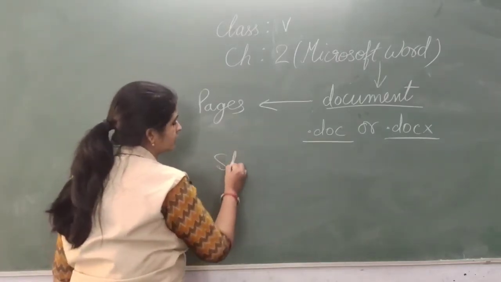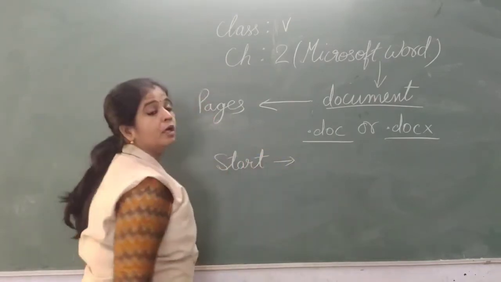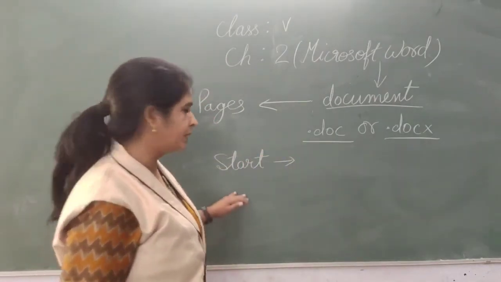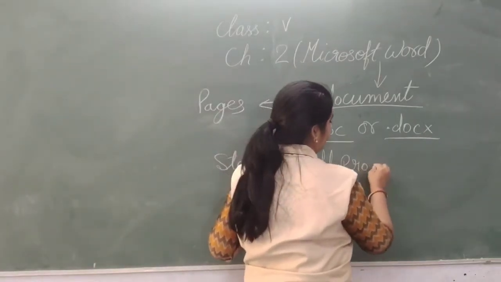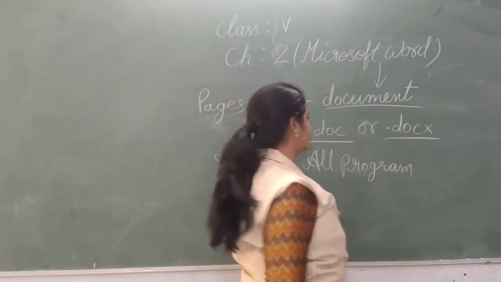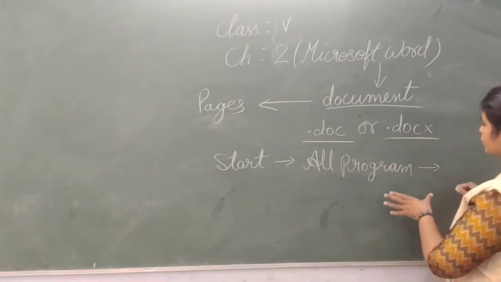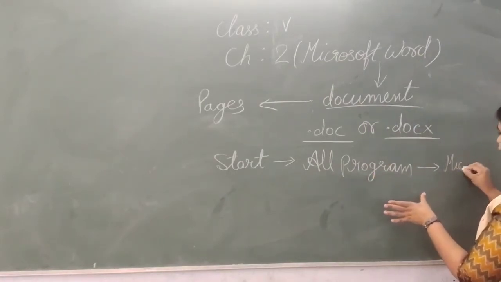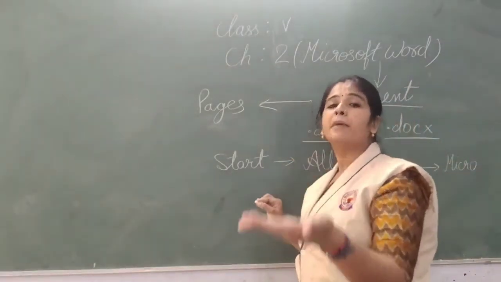You have to click on the start button, go to all programs, and afterwards click on Microsoft Office, the same way which you used to move in Microsoft Excel.